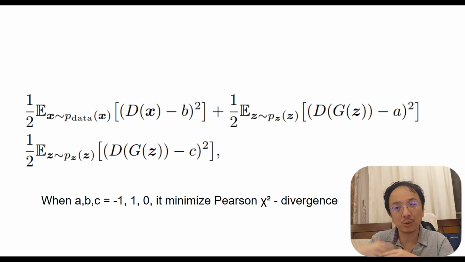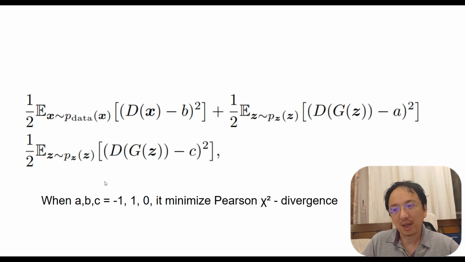In this case, with this loss and a, b, c equal to these numbers, -1, 1, and 0, it turns out that, like the original version of GAN, we can compute the optimal output of D. And we can see that this process is minimizing the Pearson chi-square divergence, like the original GAN.